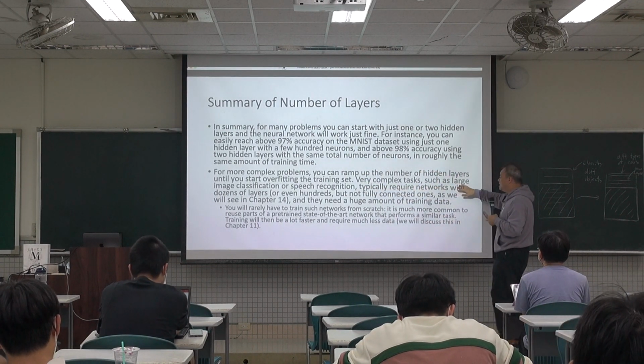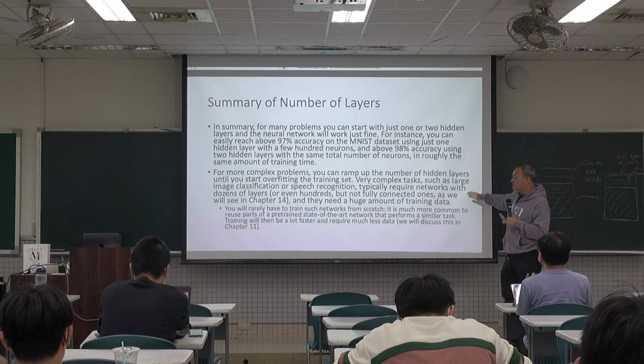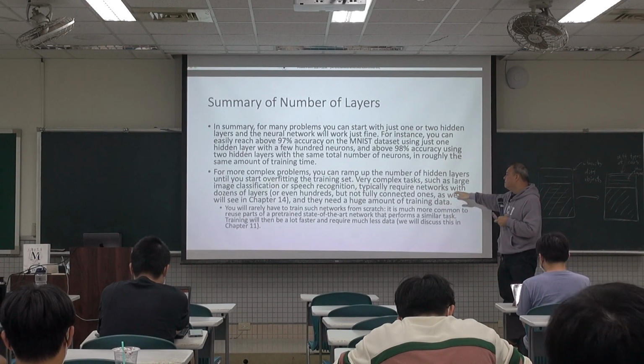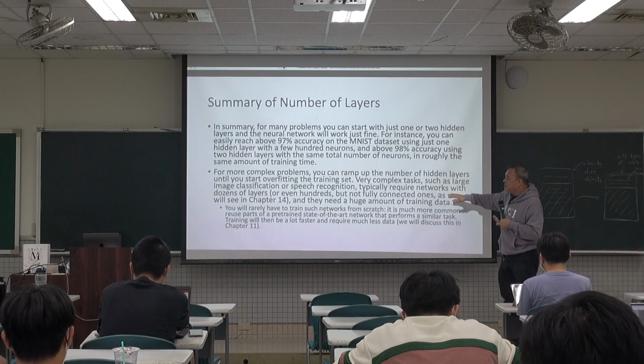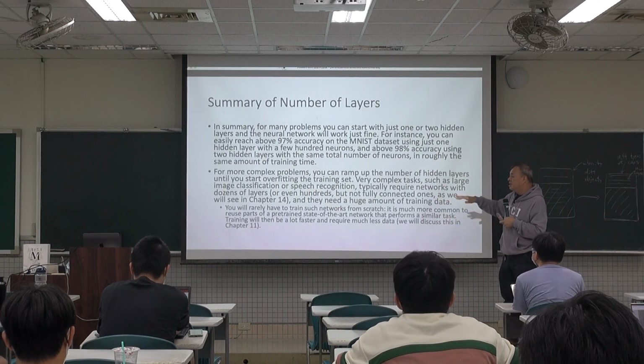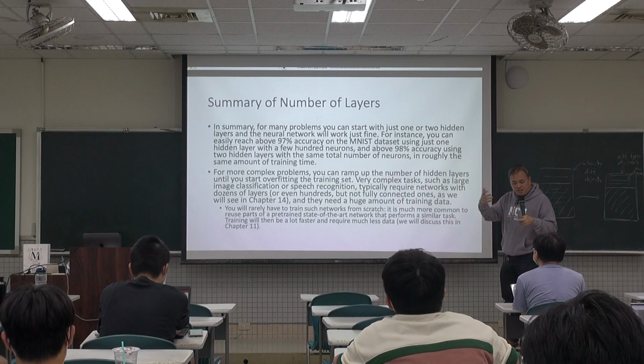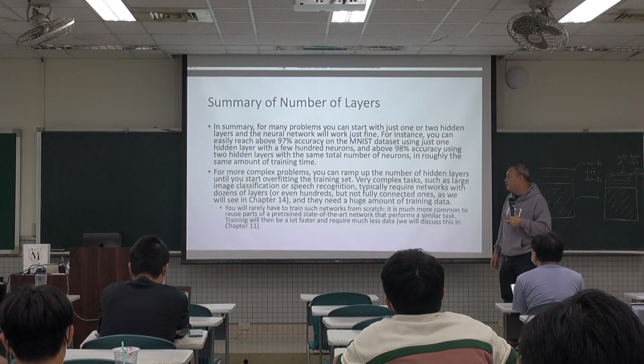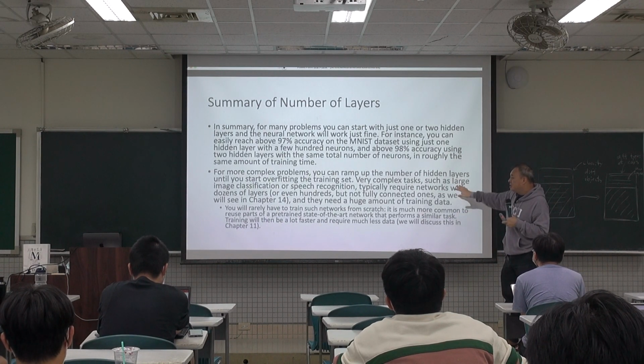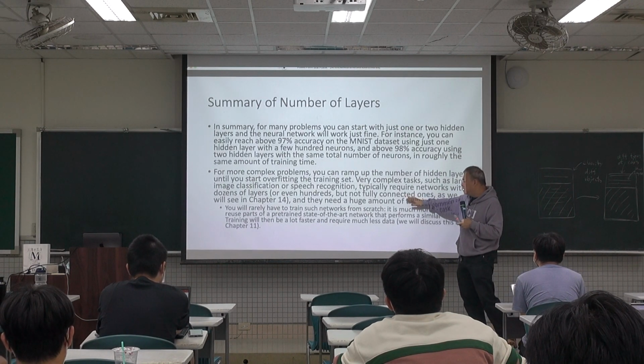Very complicated tasks, such as image classification and speech recognition, typically require networks with dozens of layers or even hundreds of layers, as we will talk about in the CNN chapter. But normally it's not fully connected.